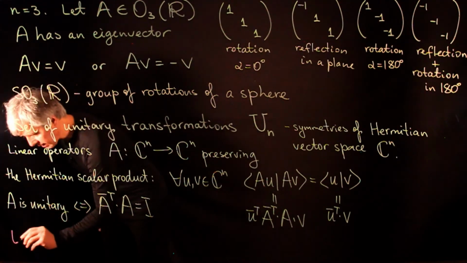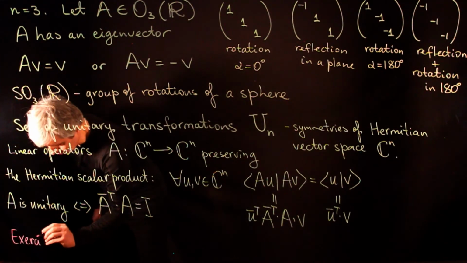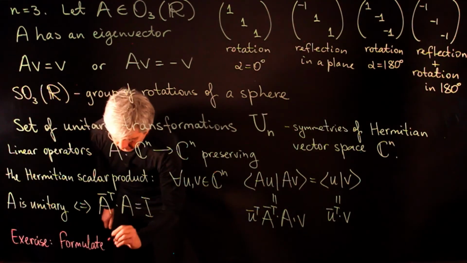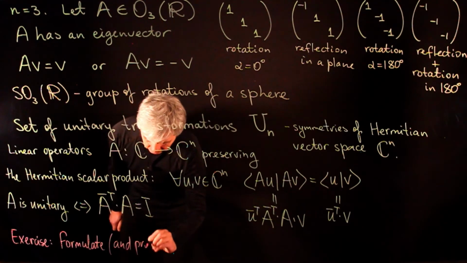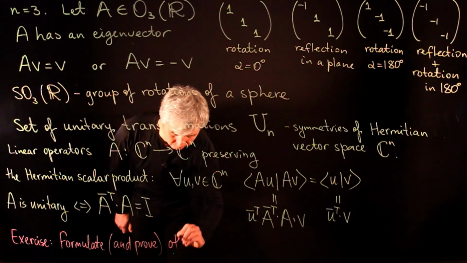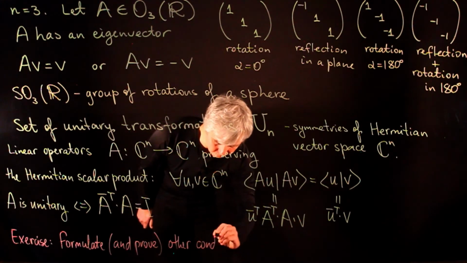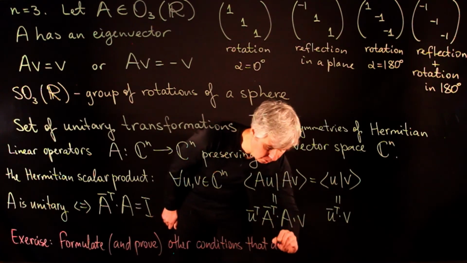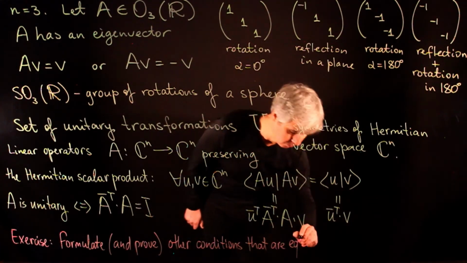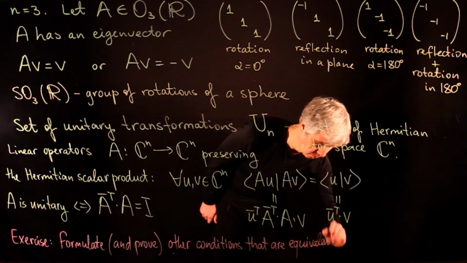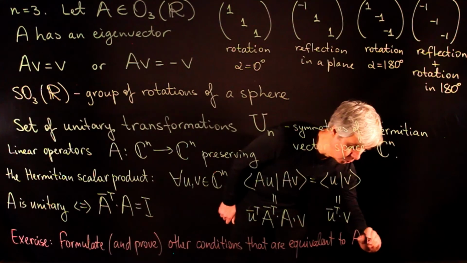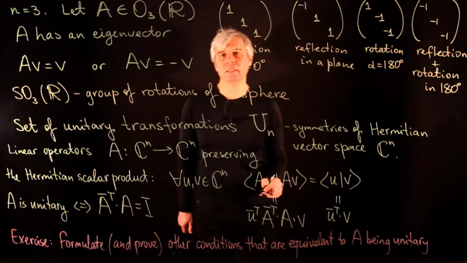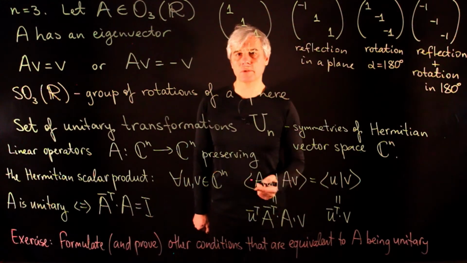And let me give you an exercise. Formulate and prove other conditions that are equivalent to A being unitary, just as we have done for the case of orthogonal transformations.